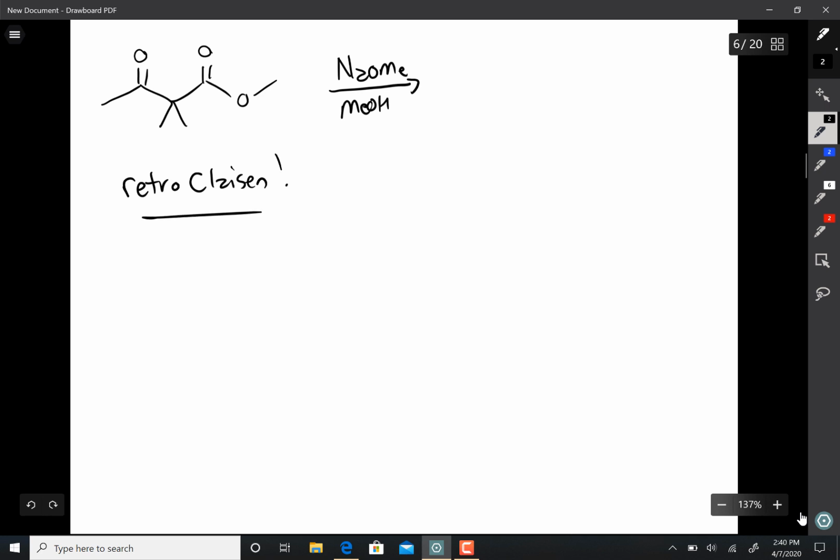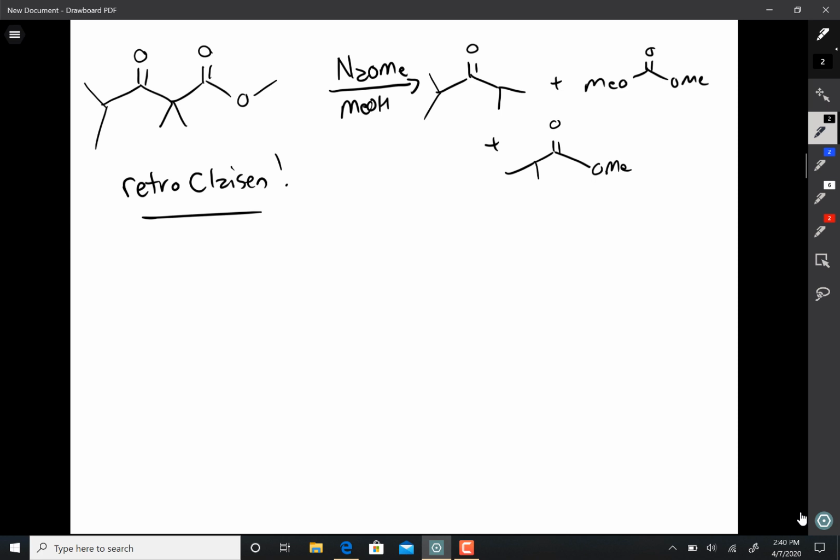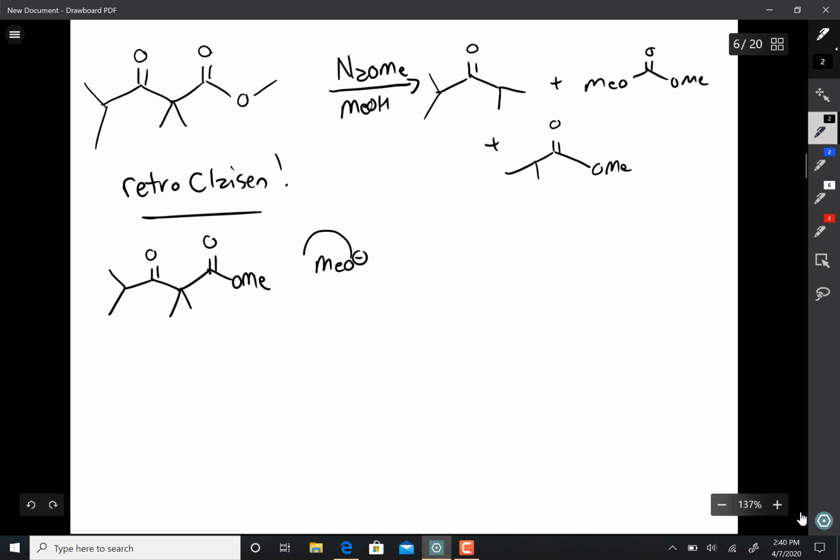It's a common side reaction of these, where you can have the base acting as a nucleophile attack a carbonyl.